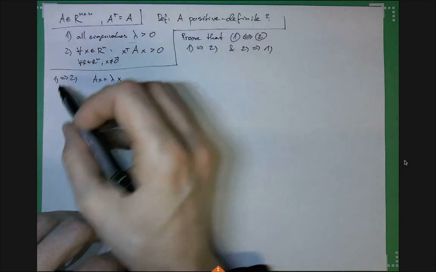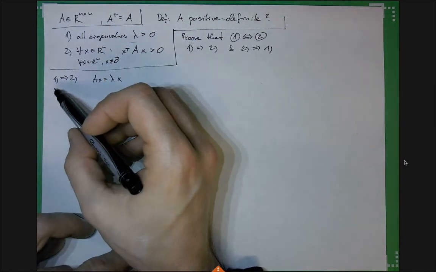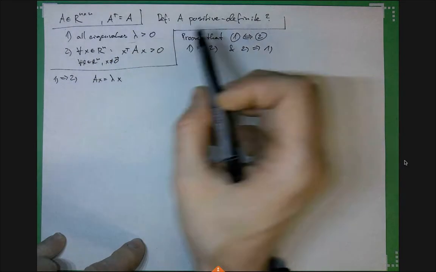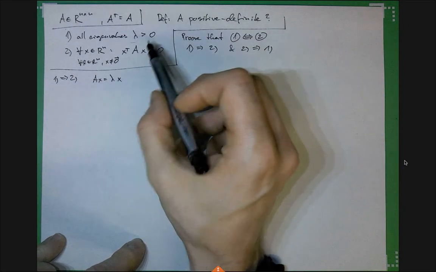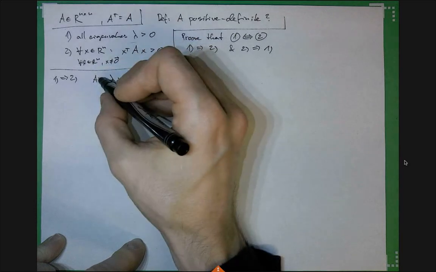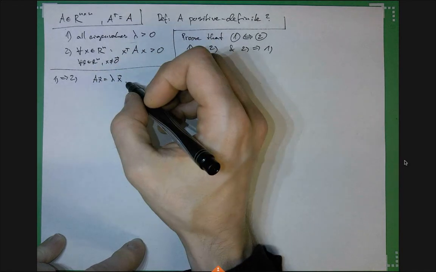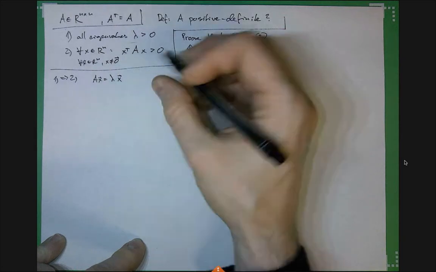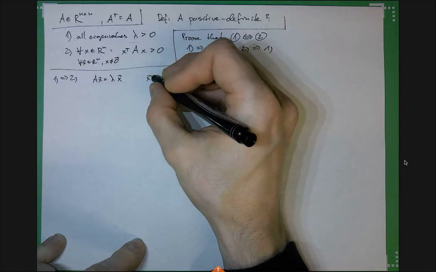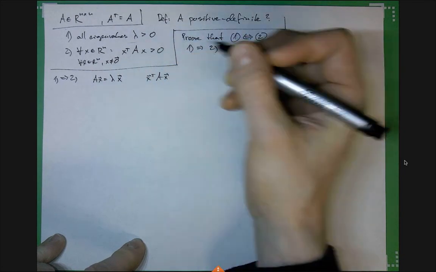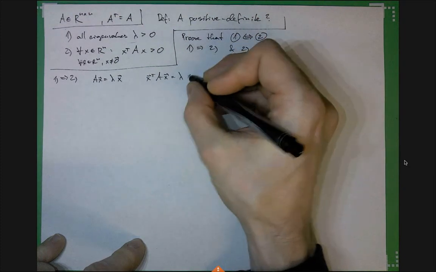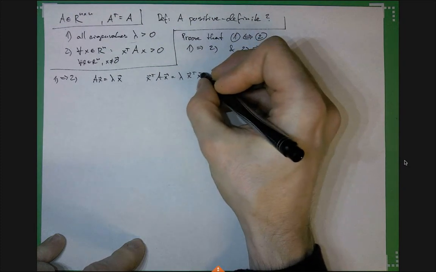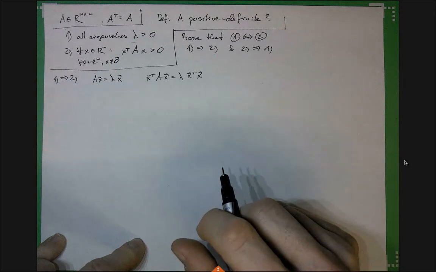Let me go a little bit slower here. I assume that all eigenvalues are positive, right? So I can do x transpose A x, is that what you were suggesting? Yep, plus x transpose, and then x is just 1.